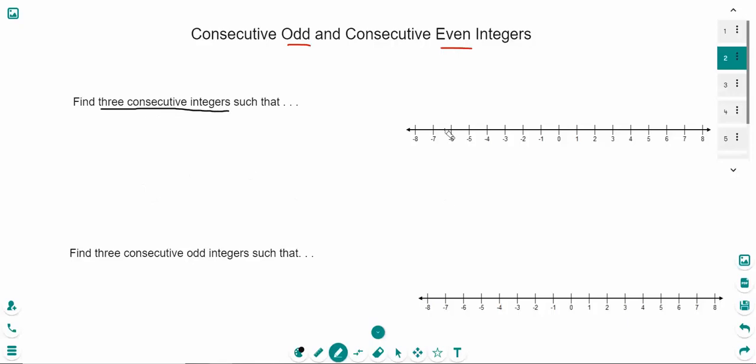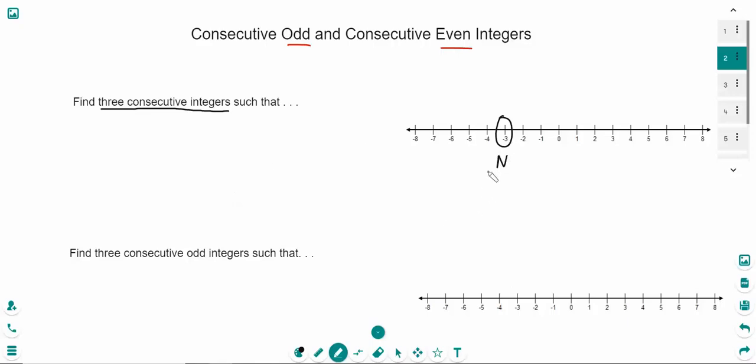Well, that means no matter where we go on the number line, pick your favorite integer on this number line. It really doesn't matter which one. Let's just say you choose -3. Okay? Actually, we'll just circle -3. If that's my first integer, how do I find my next consecutive integer? All right, so if this is, we're going to call it n, as we've done in our other problems.